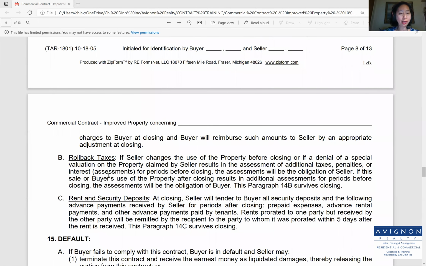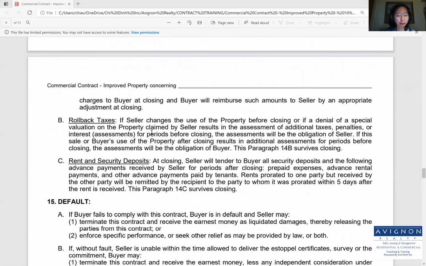And then there's rollback taxes. If the seller changes the use of the property before closing, or if a denial of a special valuation of the property claimed by seller results in the assessment of additional taxes, penalties, or interest for periods before closing, the assessment would be the obligation of seller.